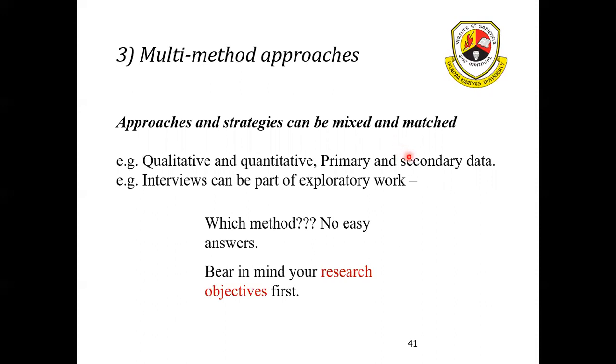You're welcome. So let us look at multi-method approaches. When we've looked at the other three approaches, or the other overarching methods, the first, exploratory, is very much qualitative.